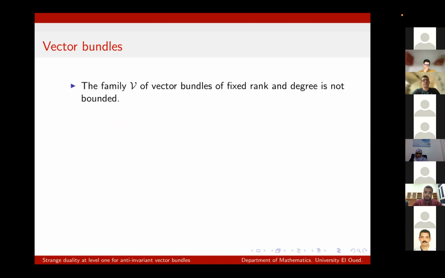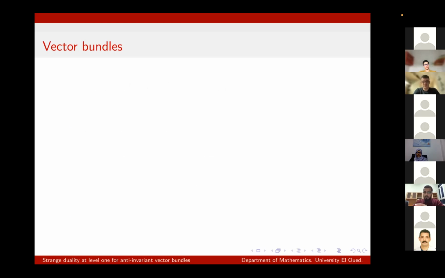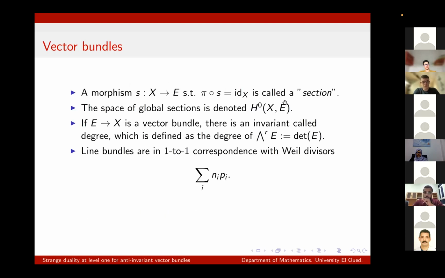But even so, this is not possible due to the fact that the family of vector bundles of fixed rank and degree is not bounded. And the problem here comes from the fact that if you have a flat family of vector bundles of fixed rank and degree, then the H^0 that I defined earlier, the dimension is not bounded, for any flat family of vector bundles of fixed rank and degree.